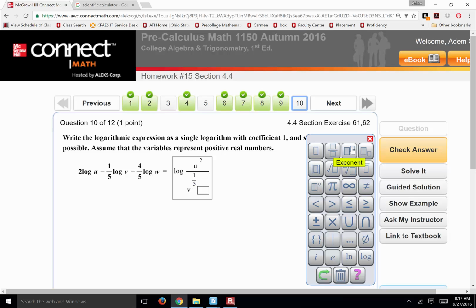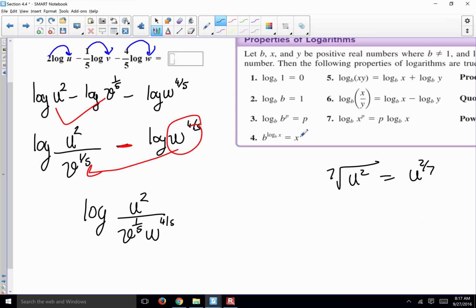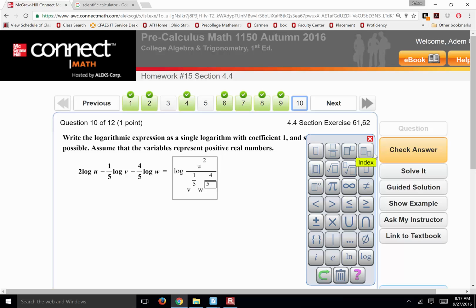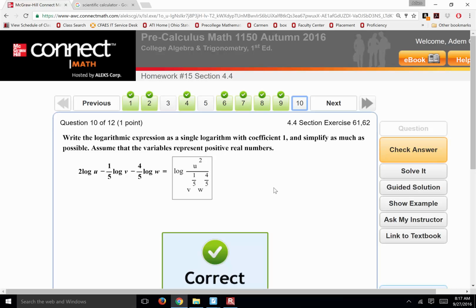And go down here, w to the 4/5, right? Yeah. Since there is no addition or subtraction, you don't need parentheses. It stays like that. You don't have to change the radical.